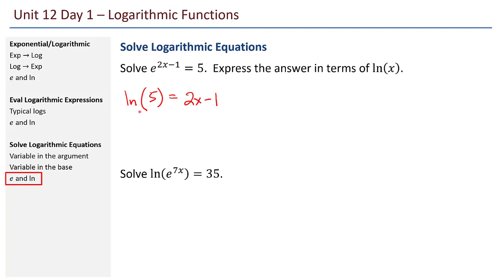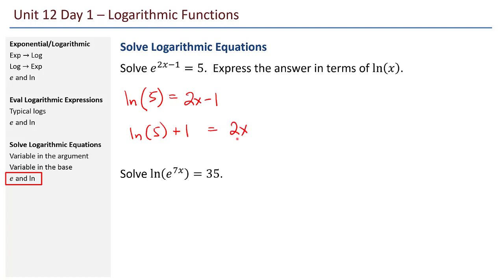I don't really know what natural log of 5 is. Well, you can plug it into your calculator and get an approximation. But in terms of an exact answer, natural log of 5 is the best you can do. So just leave it, and let's do some arithmetic with it. I can add 1 to both sides, and I get the natural log of 5 plus 1 equals 2x.